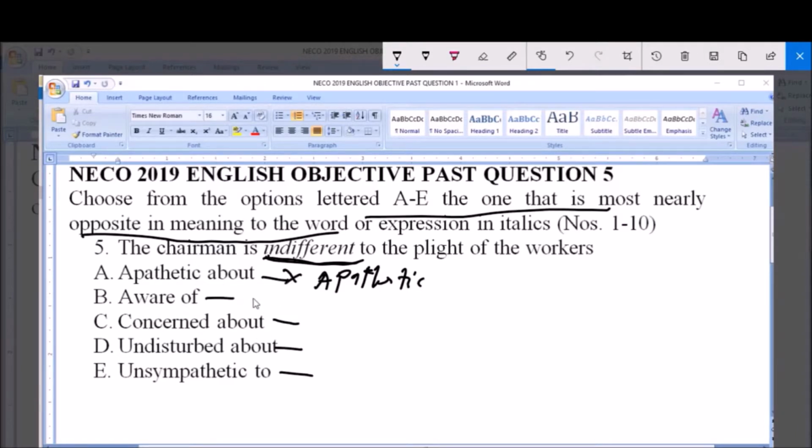Then when we say aware of, that is he has the knowledge of. Then when we say concerned about, concerned about is the opposite of indifferent.